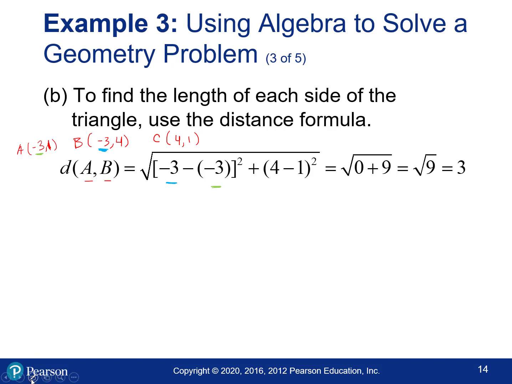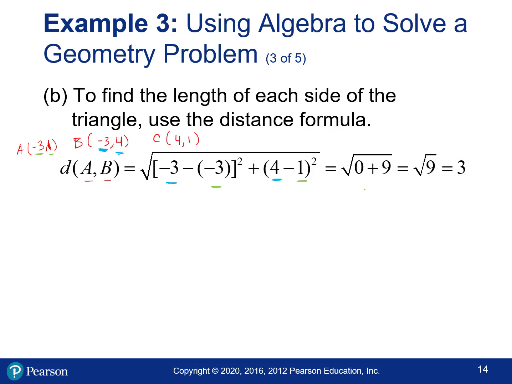And then y2 minus y1, so y2 is 4, and then minus y1 is 1, so 4 minus 1. Simplifying that, -3 minus -3 is 0, so 0 squared is 0.